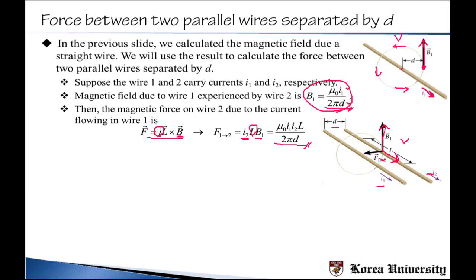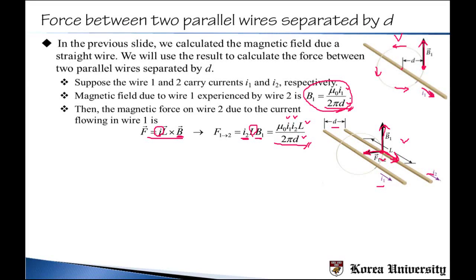Make sure you understand it contains both I1 and I2, and the length of the wire, and then we have to divide it by the distance between them. Then we have to think about the direction too. Now the current is not a vector, but current gives you the direction of this L vector. Therefore, by making a cross product between L vector and B vector, this will be the direction of the force. So it means the second wire will be pushed closer to the first wire, right?